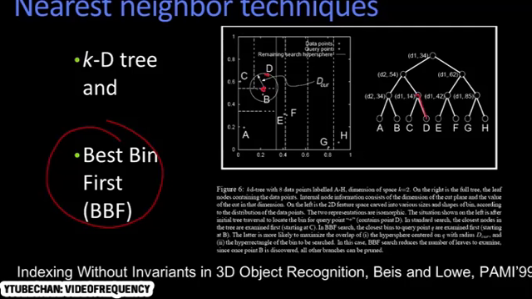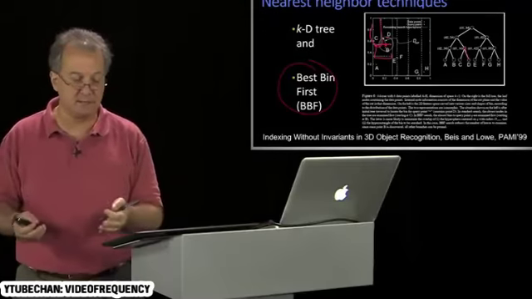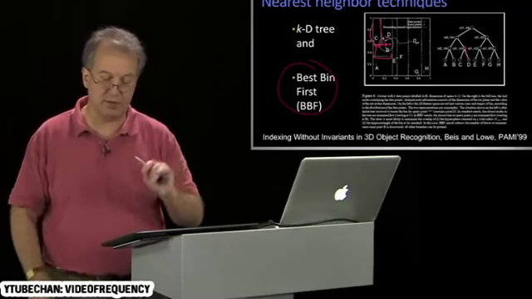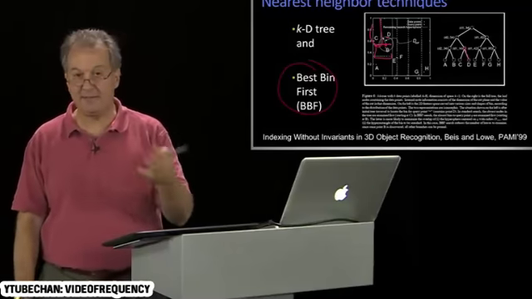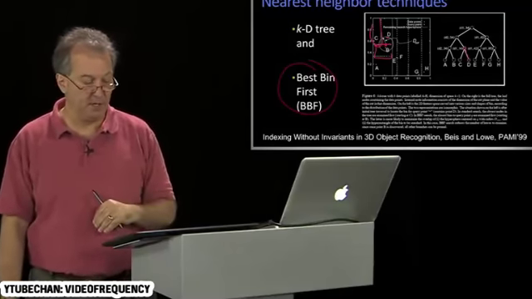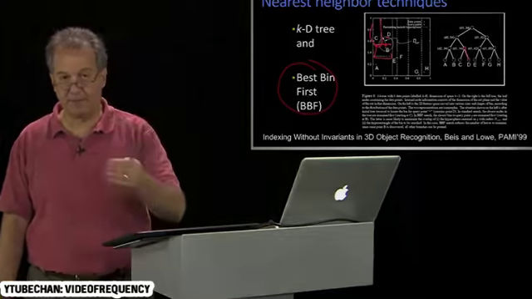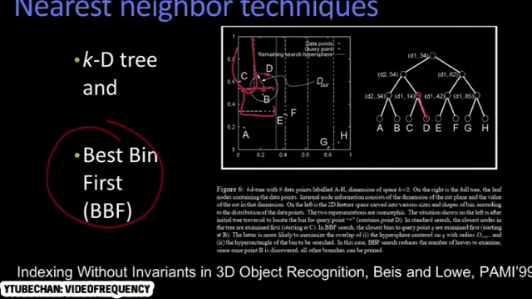And all that they did is they had a way of sorting through the bins. So they would order the bins themselves so that you didn't just recurse through the tree. And it gave them this speed up. This listed here is the reference to the paper. And it just makes it easier to find the nearest neighbors, to usually find the nearest neighbors.